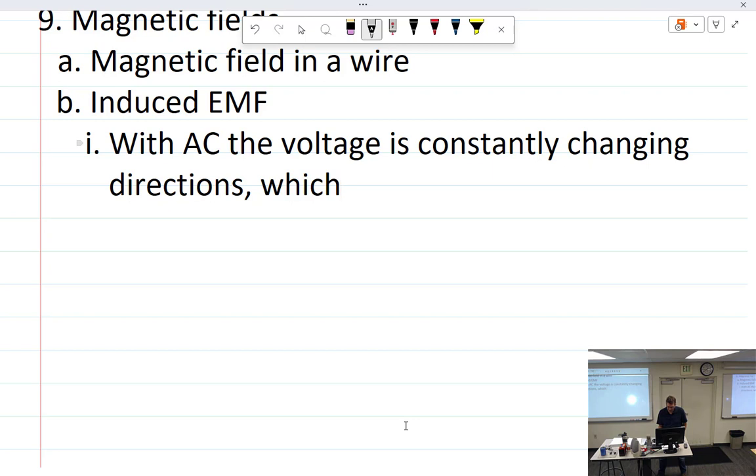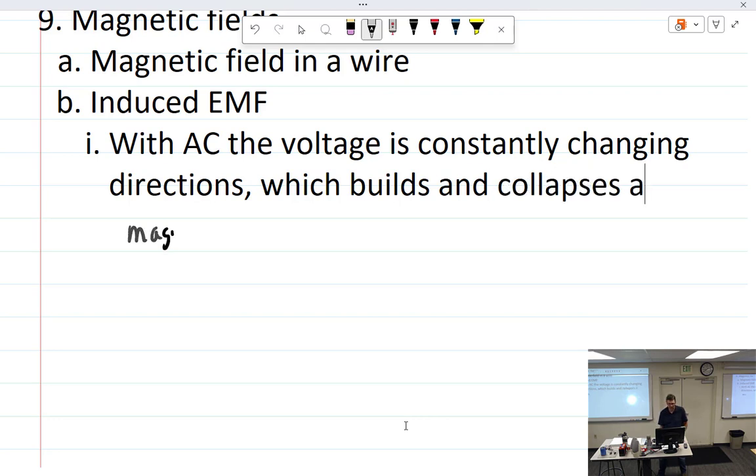Changing, which builds and collapses a magnetic field around the wire.